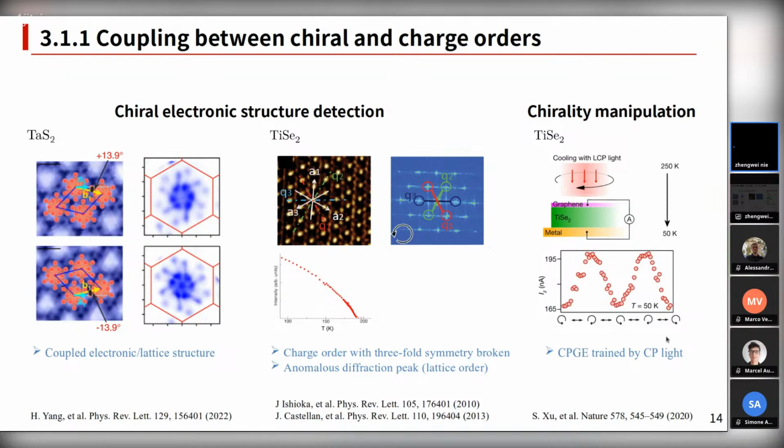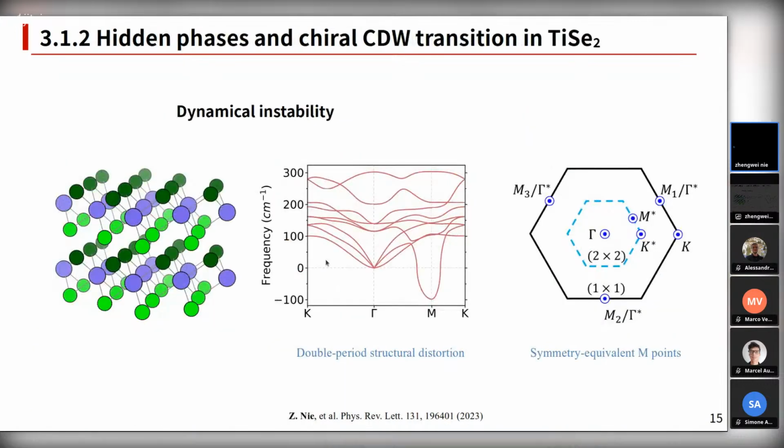It means that in the system there is a chiral charge order. But in theory, the charge density of TiSe2 is achiral, so its detailed microscopic mechanism is still unclear, so we conducted our research.